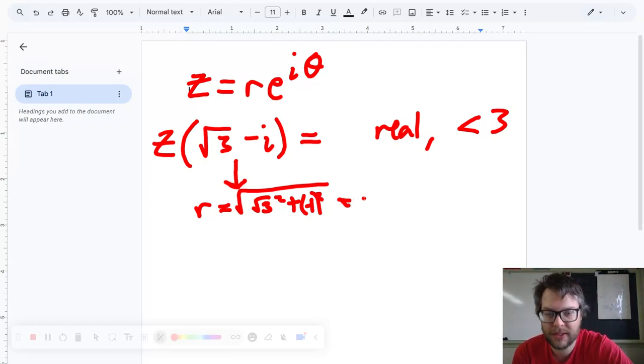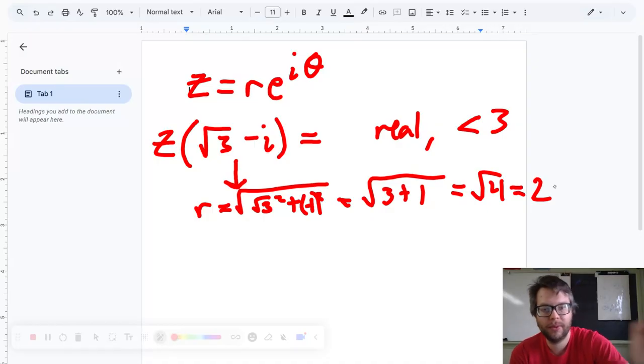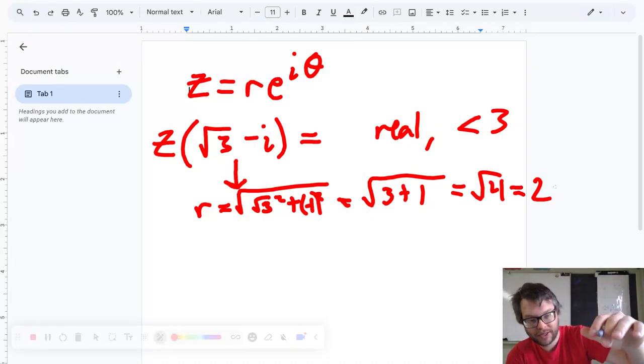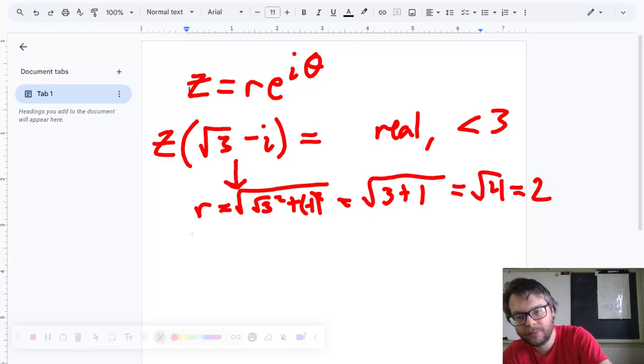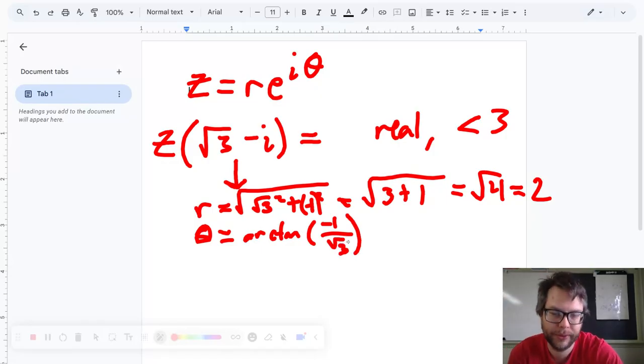The point is that it is 3 plus 1 steps away from the origin, which is the square root of 4, which is 2. So if you went root 3 over and 1 down, you would be diagonally 2 steps from the origin. The theta is the arctan, the inverse tangent of y over x, negative 1 over root 3.